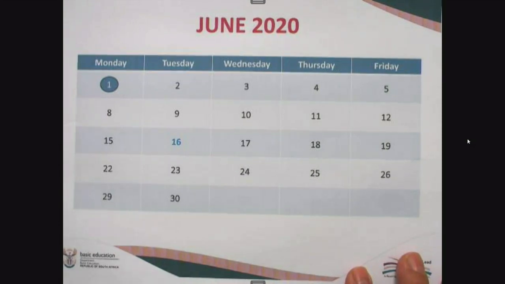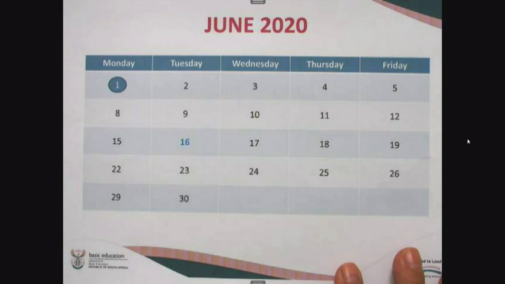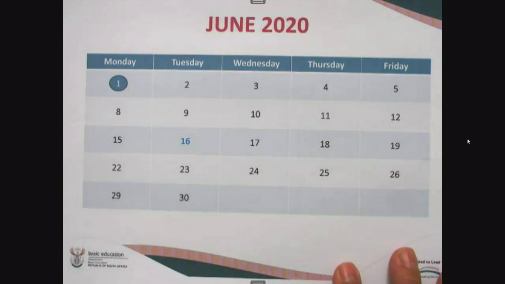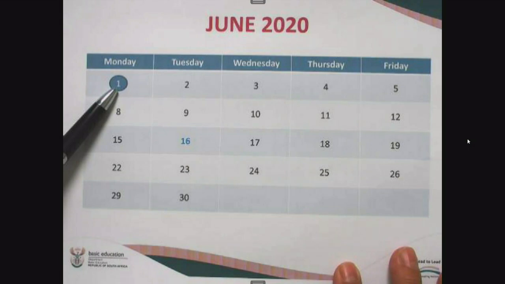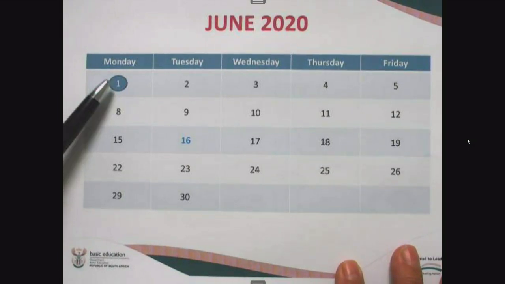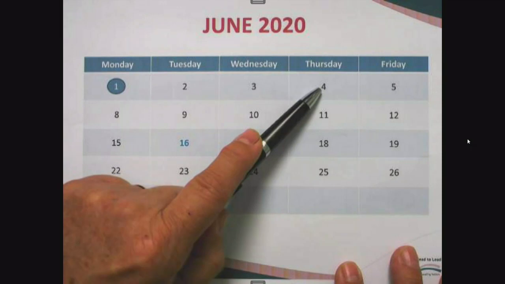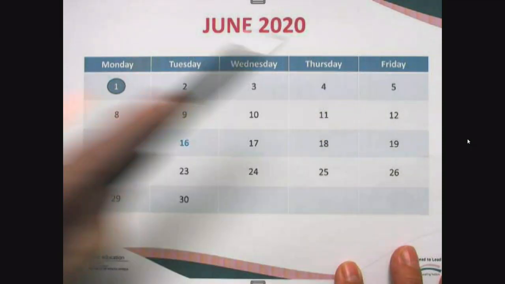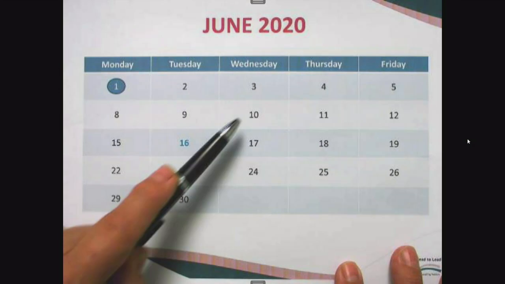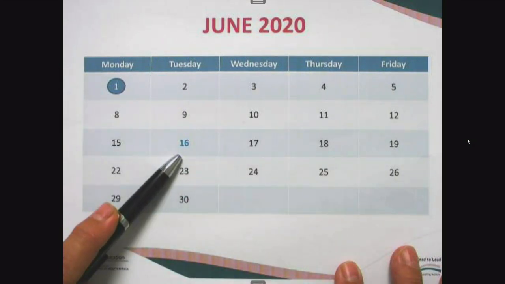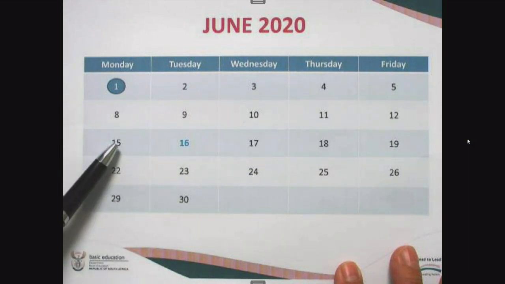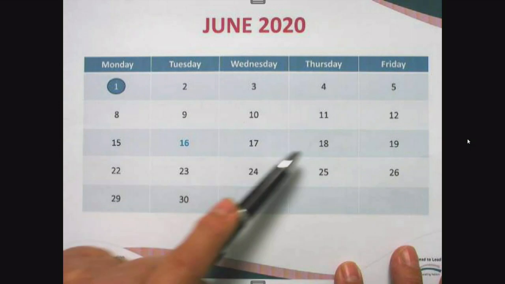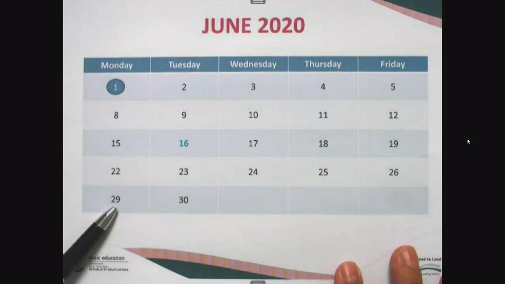What I want to focus on, for you to understand the ATP, the annual teaching plans of all 3 grades. If grade 12 starts on the 1st, and the ATP says week 1 is 5 days. It means 1, 2, 3, 4, 5 days. Then the next week it's another 1, 2, 3, 4, 5 days. If the 16th is a public holiday, which it is, then you start here 1, 2, 3, 4, 5.